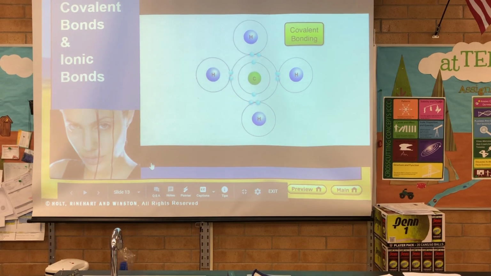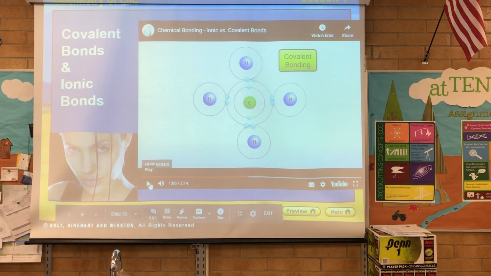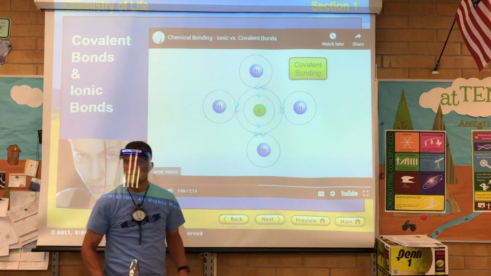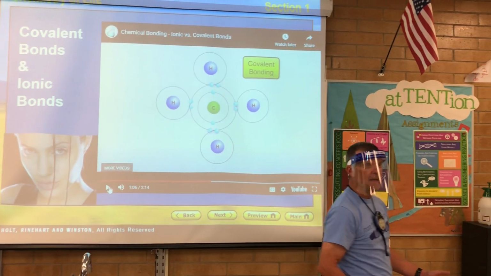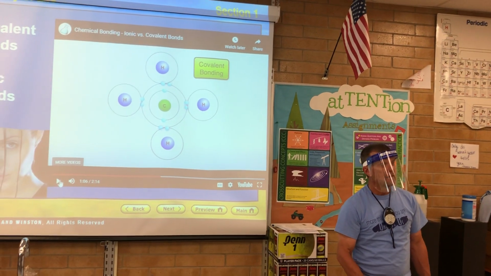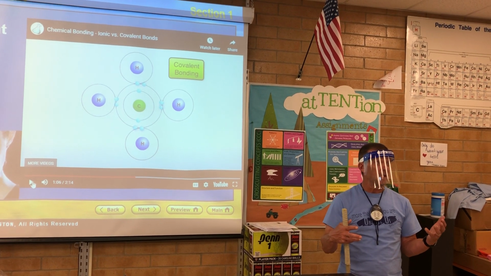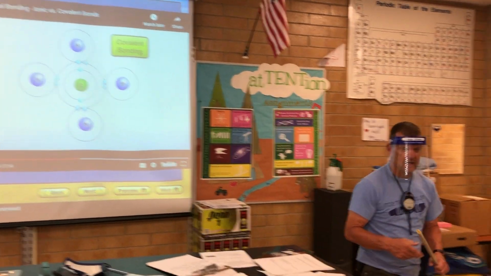Note that each hydrogen in this compound achieves 2 electrons in its outer shell. Okay, so there is a picture of something called CH4, methane. That is an important compound, hydrocarbon, but it's made by sharing electrons, so that's called covalent bonding.